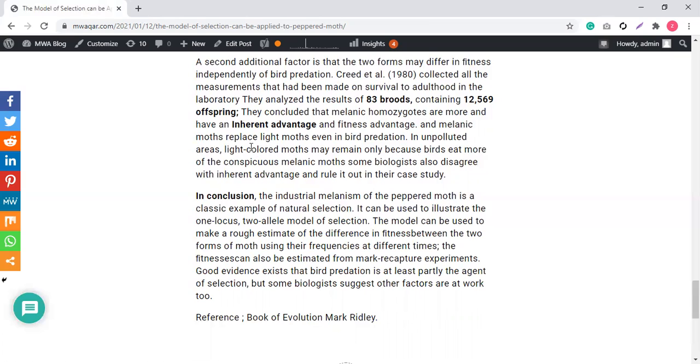And melanic moths replaced light moths even with the bird predation, because they have a strong genotype and they are very fit. So that's why they replaced the light form. The melanic form replaced the light form due to inherent advantage. That is something that is inherited, and the melanic form formed after the mutation. So it would take time for the melanic form to overcome the light moths.